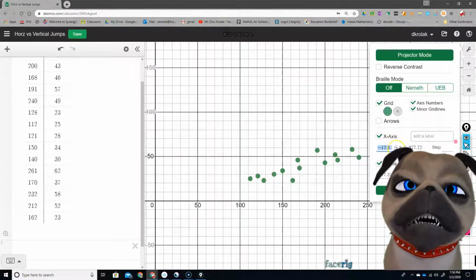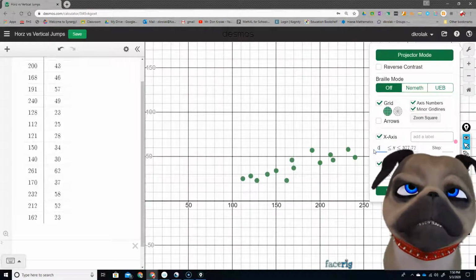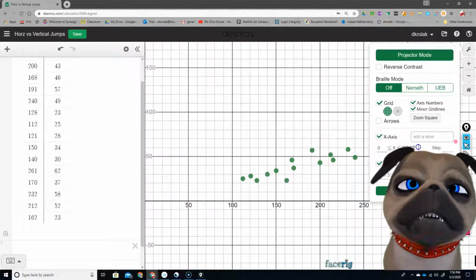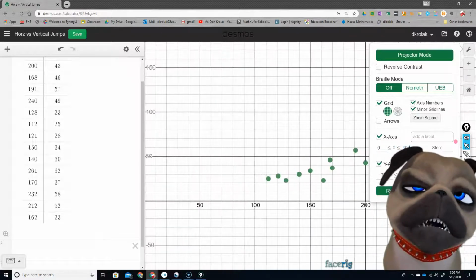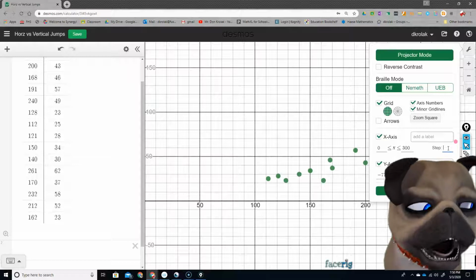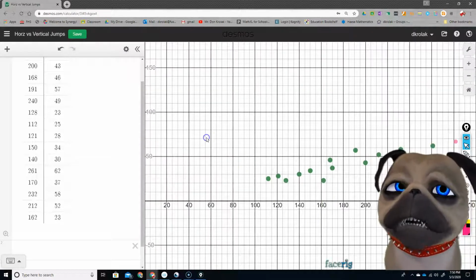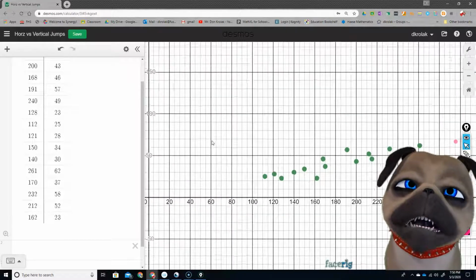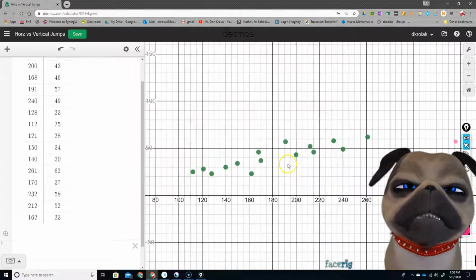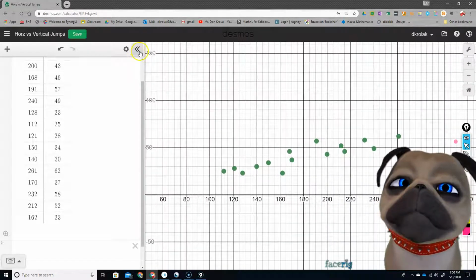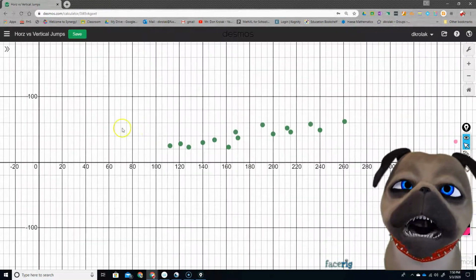For example, I could have set my X scale to go from 0, because we don't have anybody jumping a negative. That wouldn't make any sense. And the highest number is like 300, and I could count by 20s. You can set that up any way you want. Anytime you scroll, if you have a little scroll wheel on your mouse, it's going to start changing. Okay, so there is our data.